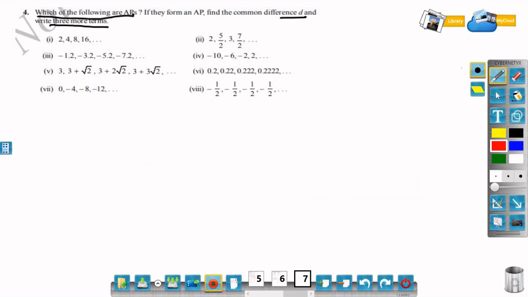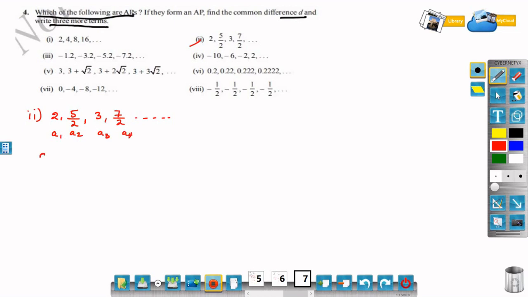Second one. I'll take the second one. I have to check whether it is an AP or not. For that, I have to find the common difference. I'll write the AP. This is the second one. 2, 5 by 2, 3, 7 by 2. First term is A1, A2, A3, A4.